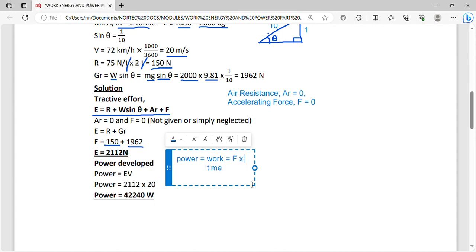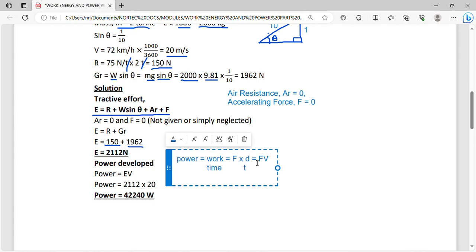times distance. So if you say this whole thing over time, you notice that the last part, distance over time, gives us velocity. So that's why in the end, this becomes Fv, force times velocity.